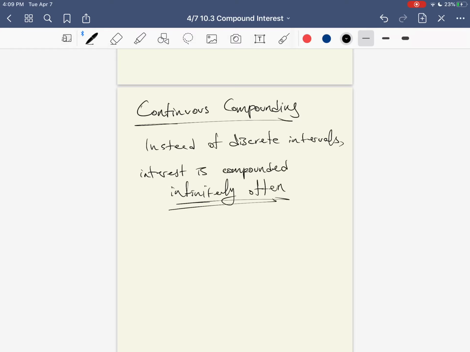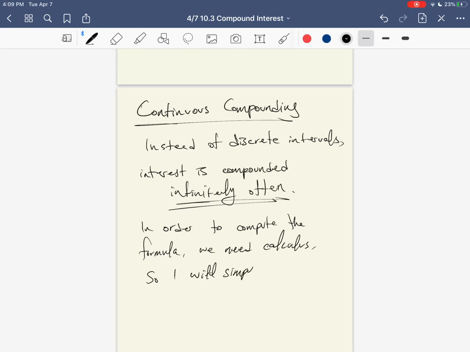And in order to compute the formula, we need calculus, so I will simply state it.